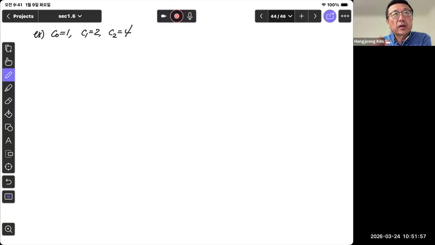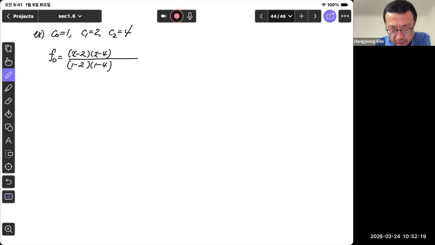So I have three numbers. Then f naught is defined by x minus c naught skipped, so x minus 2 times x minus 4 divided by 1 minus 2 times 1 minus 4.